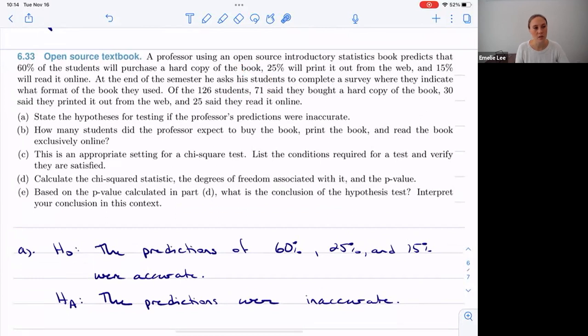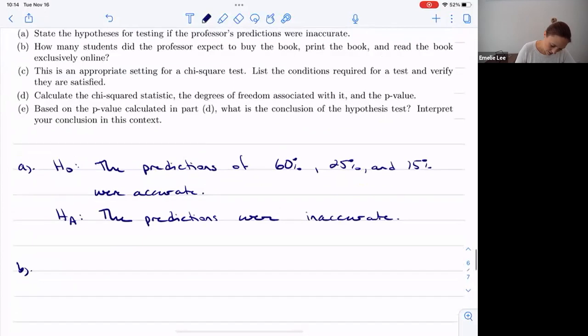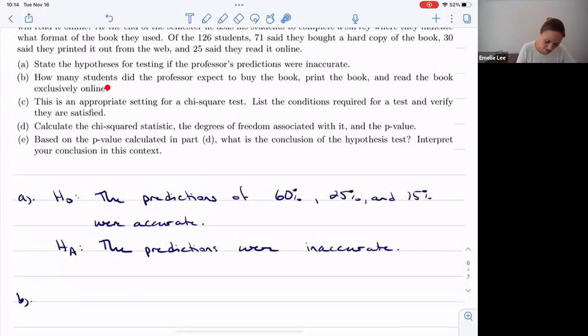So for part B, it says, how many students did the professor expect to buy the book, print the book, and read the book exclusively online? Here we're asked to find the expected, but let's go ahead and make a little table because I find that's the easiest way to summarize this information.